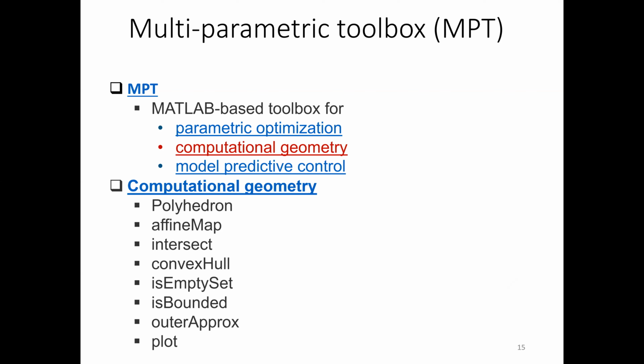Okay, and what is the basic computational geometry we care about? First we need to construct a polyhedron, then how we do affine mapping for a polyhedron, and then how you do intersection between two polyhedrons. The intersection is very important.